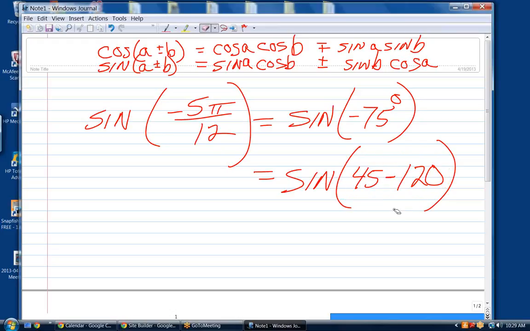Most important part about these really is keeping your signs straight, your plus and minus signs, because it's easy to get them off. You got a lot of negative signs and then negative results.